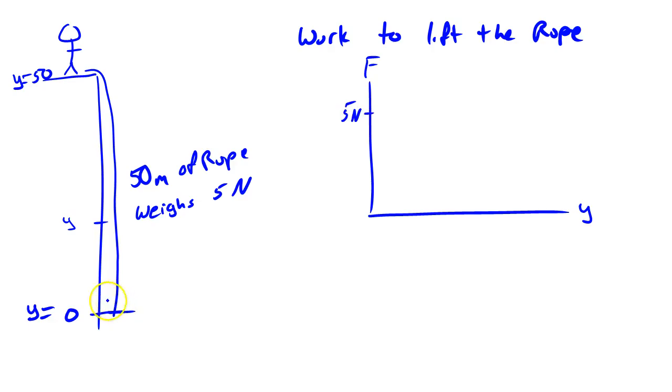Then when the bottom of the rope has made it all the way up at the top, so when y is 50, the weight that's still hanging out there is 0.